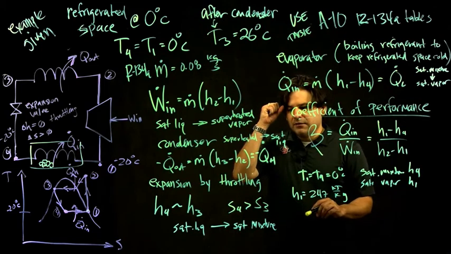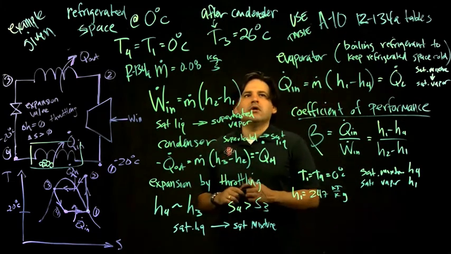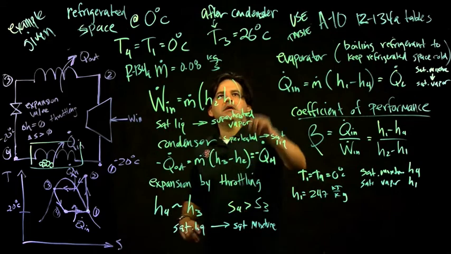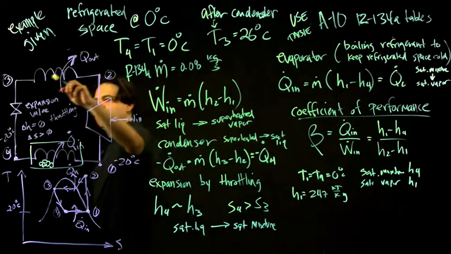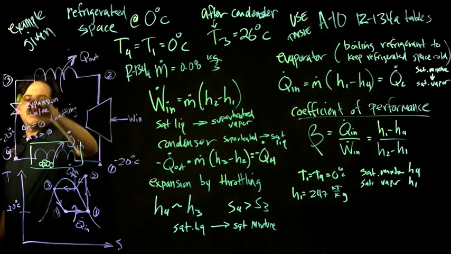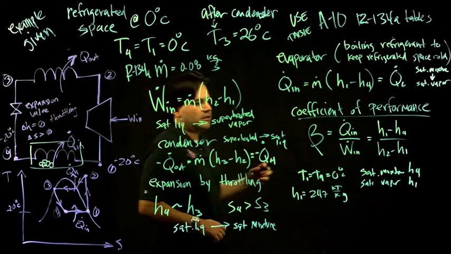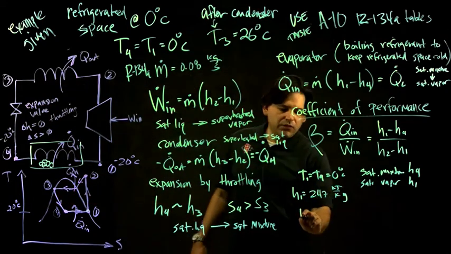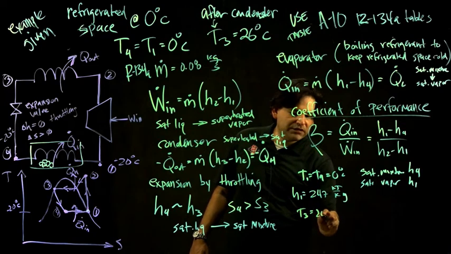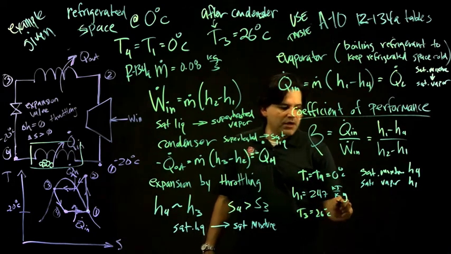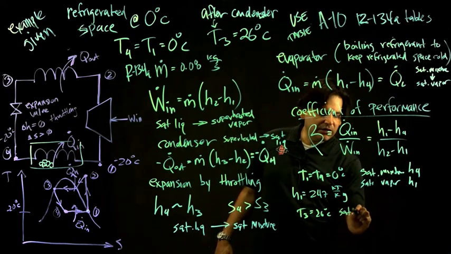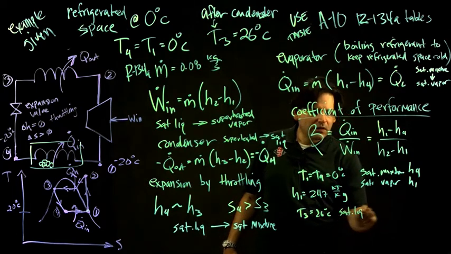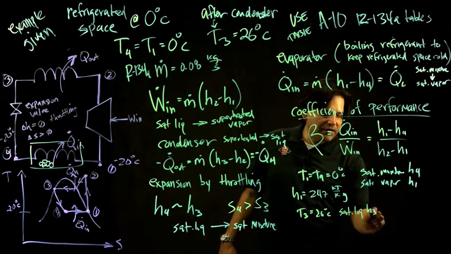We don't know that, but what we do know is the temperature after the condenser, T3. So T3 equals 26 degrees Celsius, and we know that it's a saturated liquid at H3.